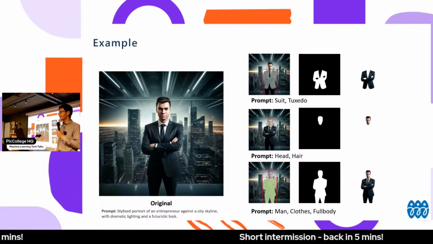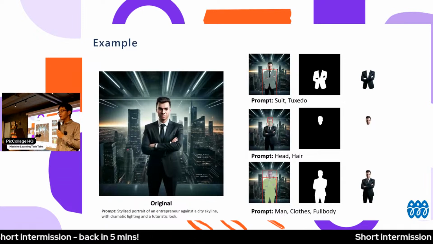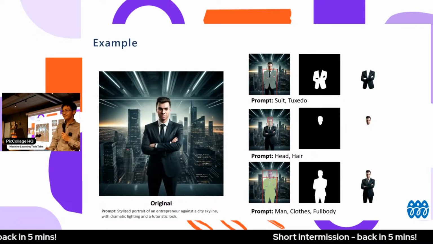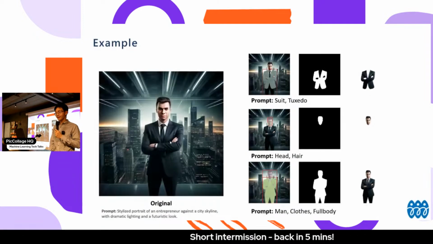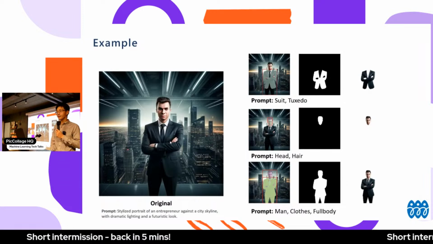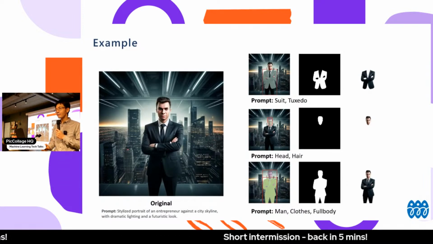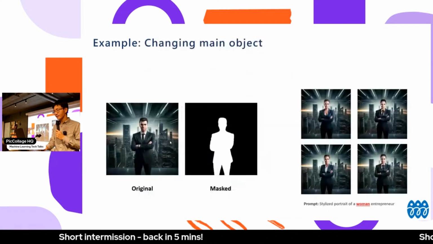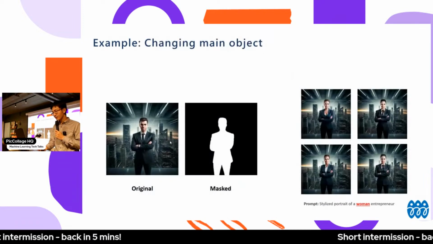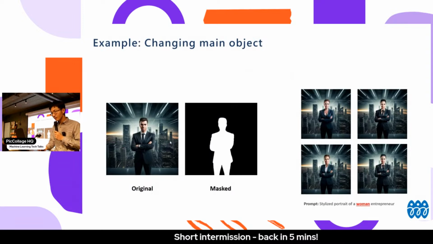Any other questions? Yes, we've got one over there. When you're using the mask, in the final image, because you're just taking a mask of it, with the example of changing it to a woman, does the way the clothing sits change, because you're just using the mask, or would the clothing sit the same way on the model?